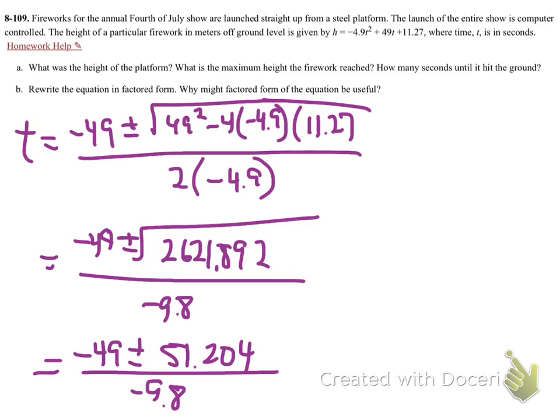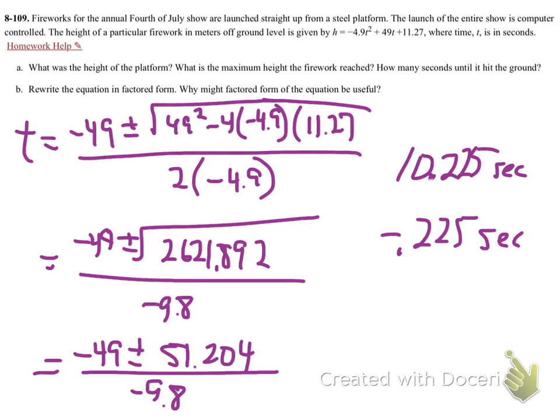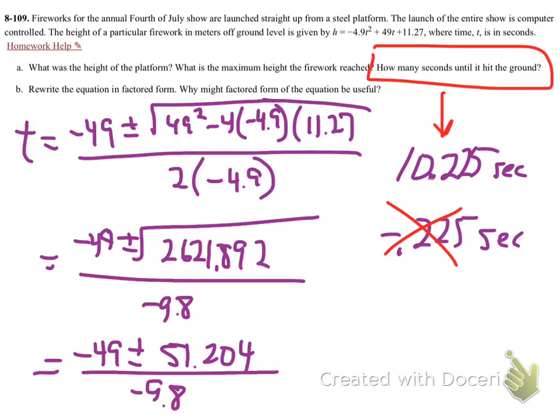One of them is 10.225 seconds, and the other one is negative 0.225 seconds. So how many seconds before it reaches the ground is going to be approximately 10.225 seconds. This other one does not make sense for the problem because that is, again, negative time.